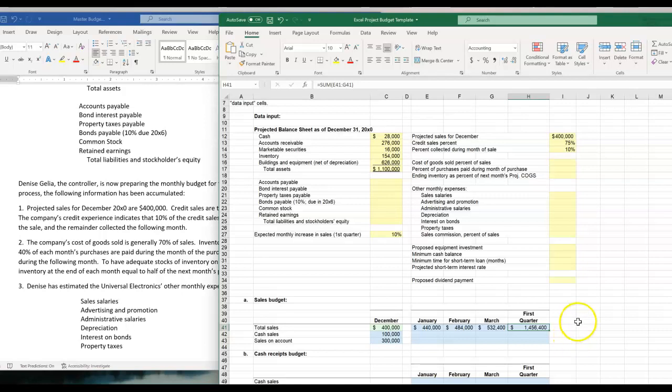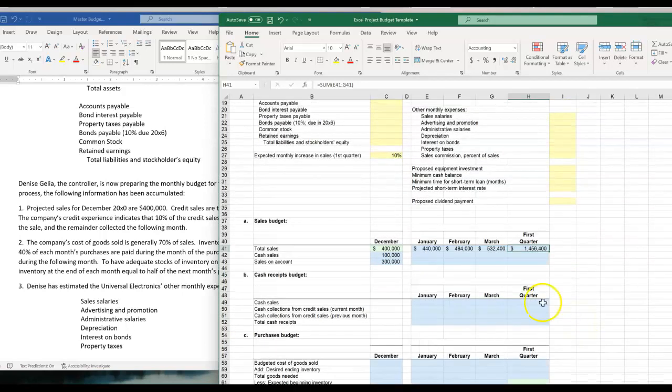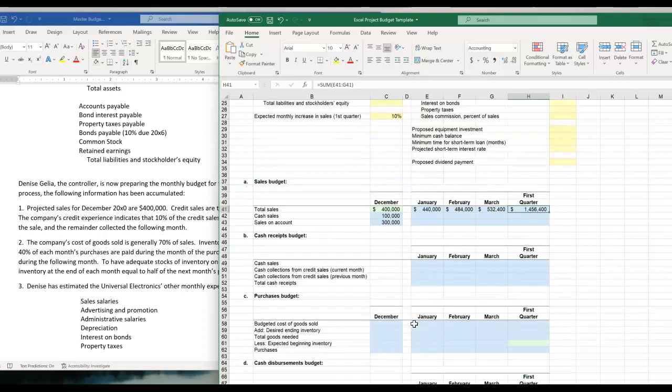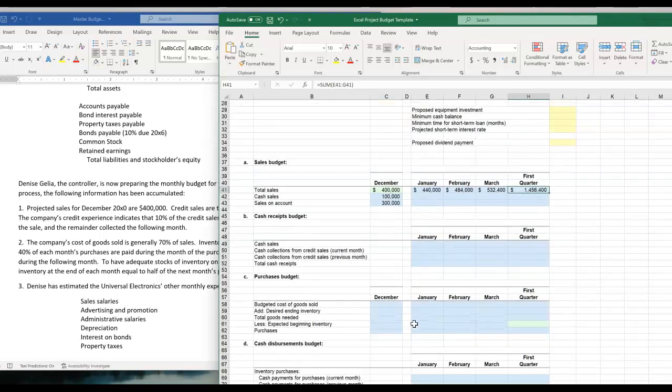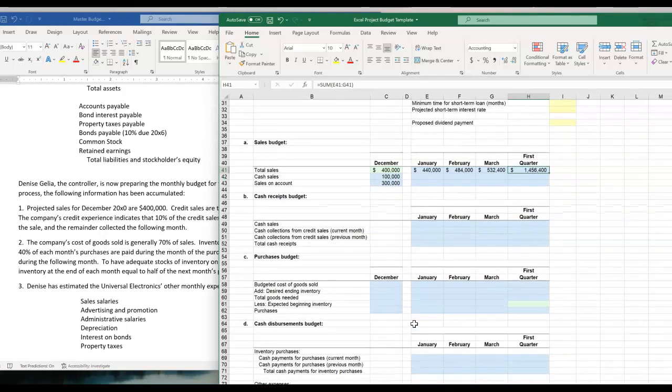Now let me show you one more thing. The next thing we would do is the cash receipts budget, and that makes sense. But let's go down to the purchases budget. When you do the quarter column, that would be when it asks for beginning inventory. That beginning inventory is from January.